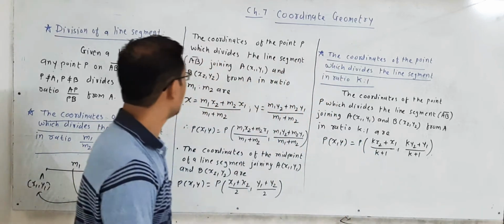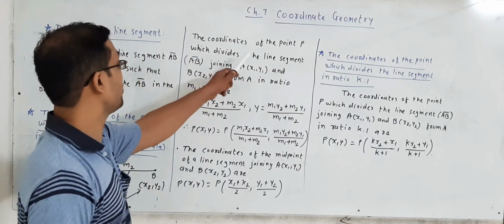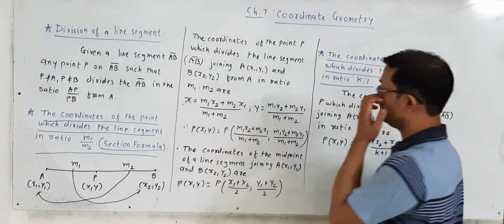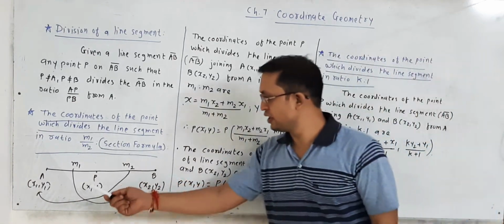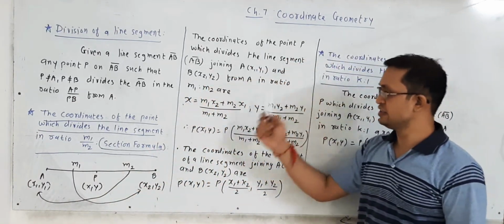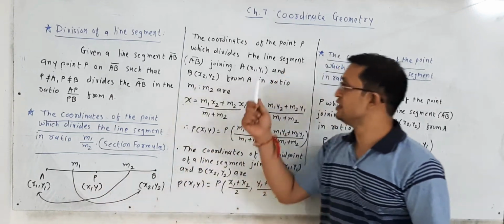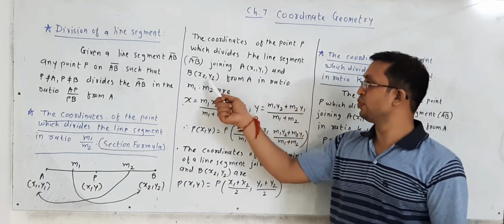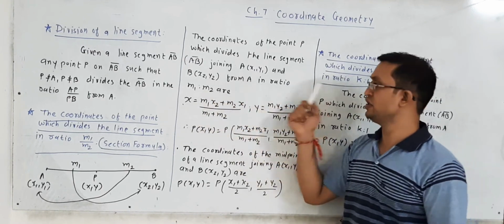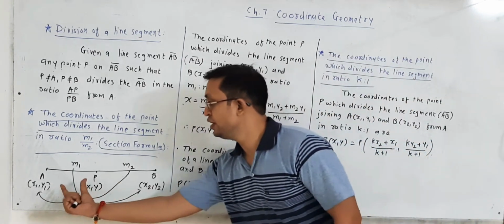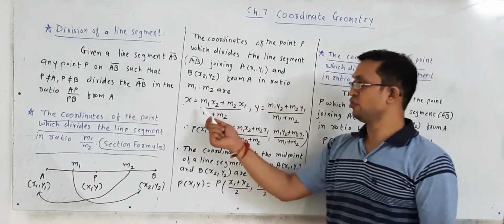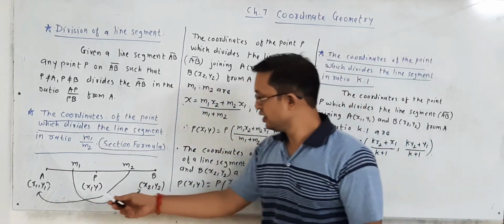The coordinates of the point P which divides the line segment AB, joining A (x1, y1) and B (x2, y2), from A in the ratio m1 to m2, where AP to PB is m1 to m2. How to find x?